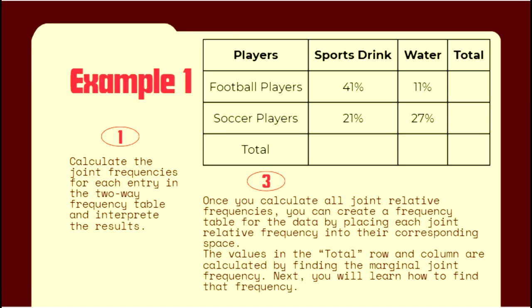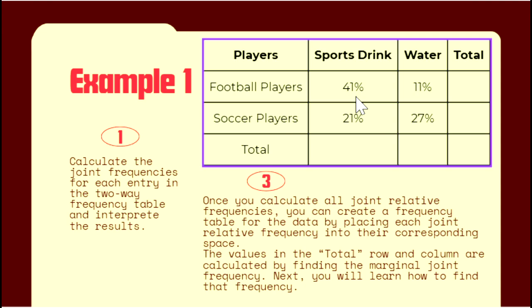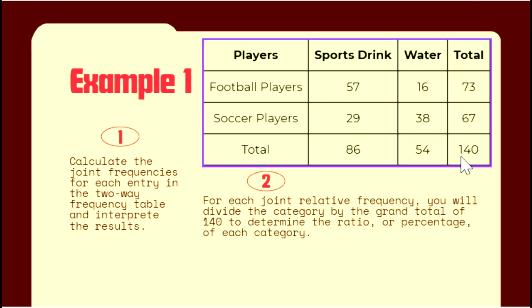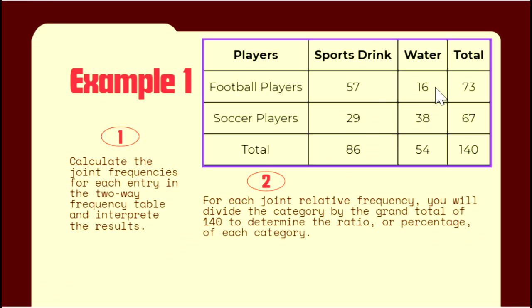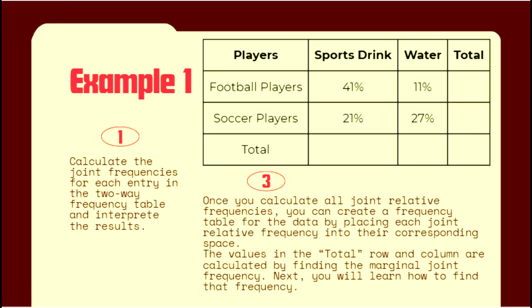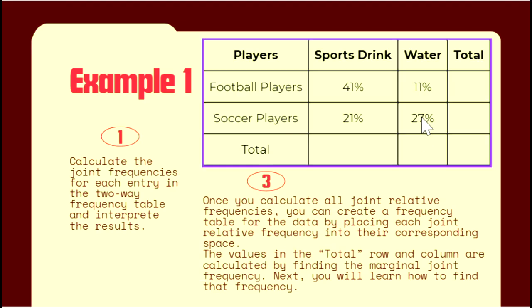The way that you do that is, I'm going to take 57 divided by 140, which is going to give me 41%. 29 divided by 140 is 21%. 16 divided by 140 is 11%. 38 divided by 140 is 27%.